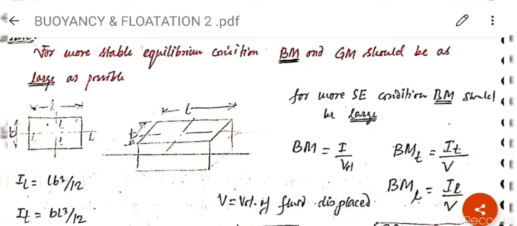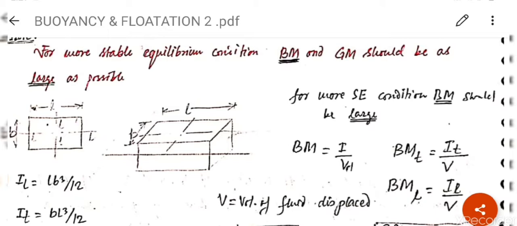On the left side diagram, L is the length, and B, or T, whatever you can say, is the width of the cuboid. So, moment of inertia about the longitudinal axis, denoted by IL, is LB cube upon 12, and moment of inertia about the transverse axis is BL cube upon 12.